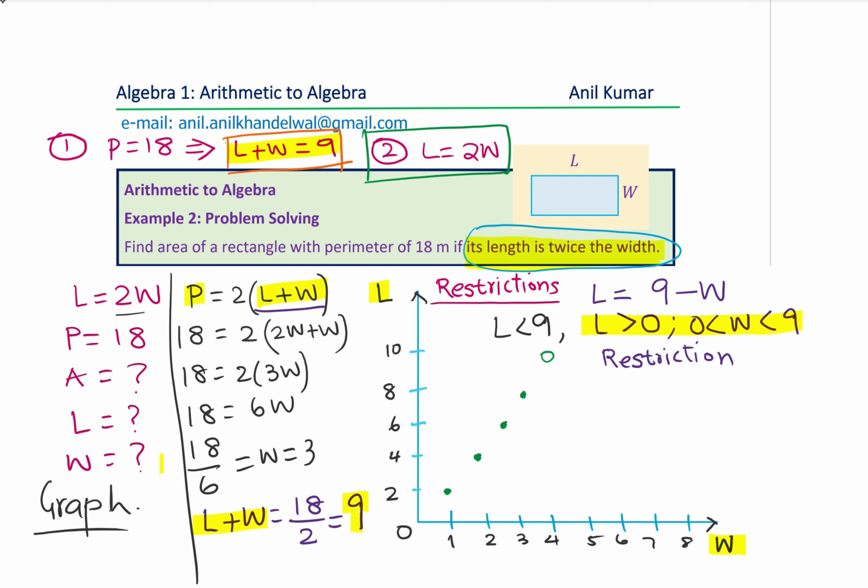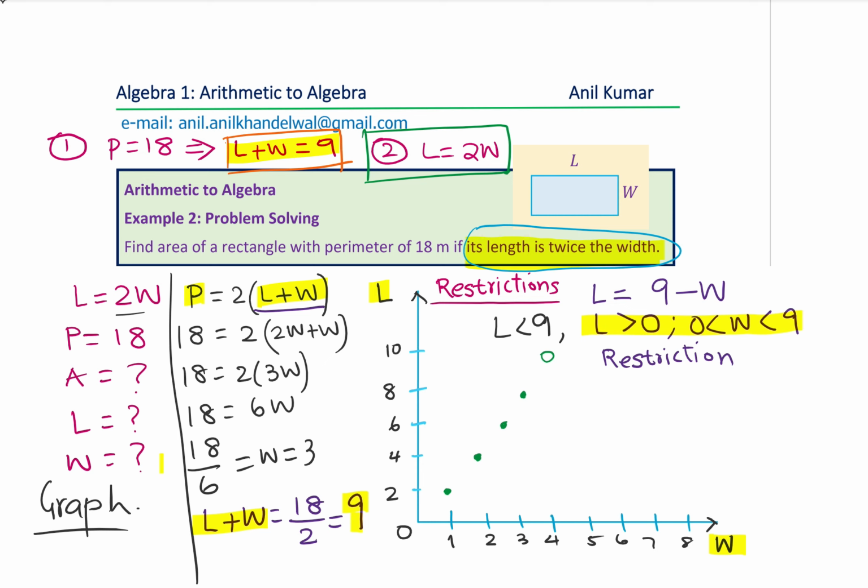We want 9, sorry. So for 2, 2 plus 7 is 9. And with 3, 3 plus 6 is 9, right? So we do get an overlap. You see that?